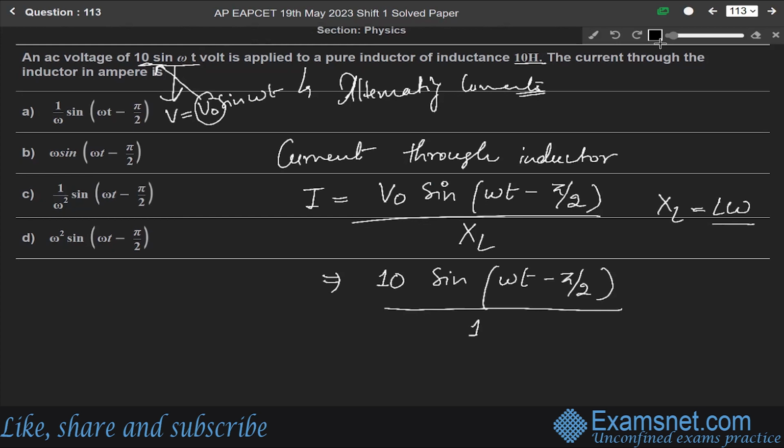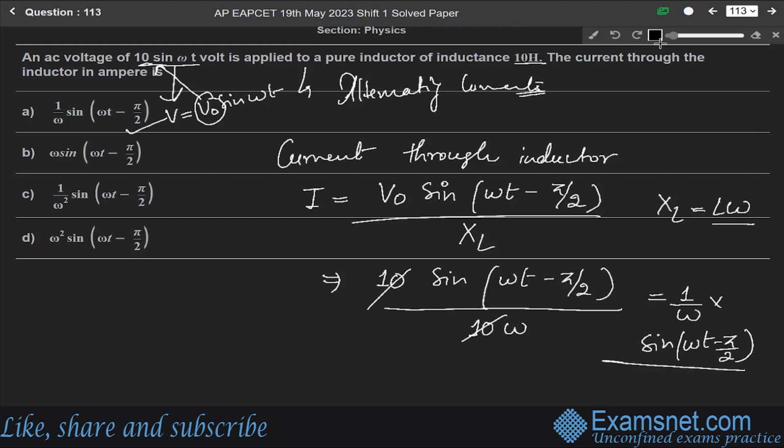L is 10, so 10 into omega. So 10, 10 cancels. So we get 1 over omega into sine omega t minus pi by 2. So our correct answer is option A, that is 1 over omega sine omega t minus pi by 2.